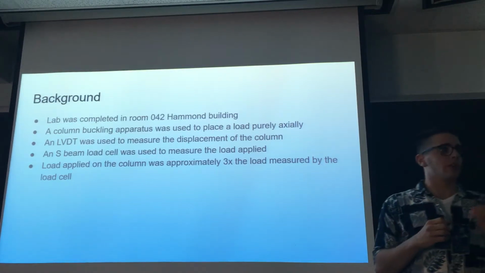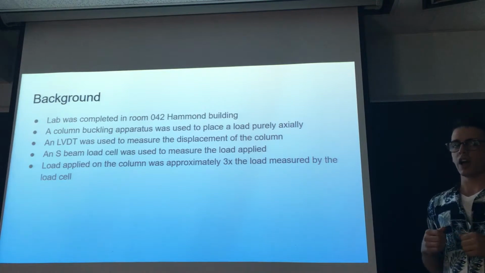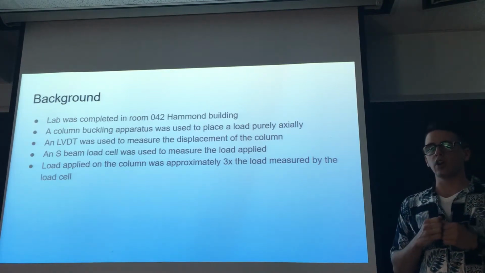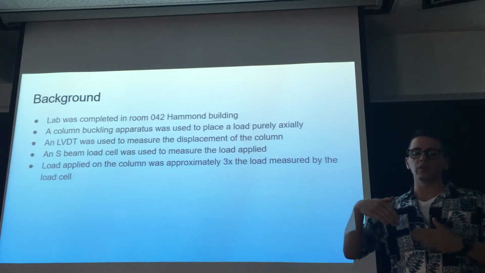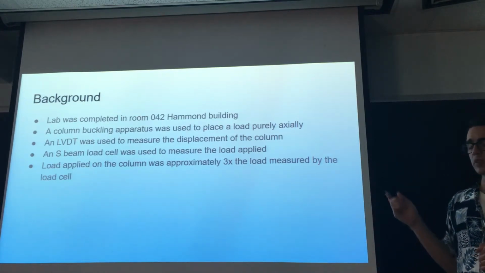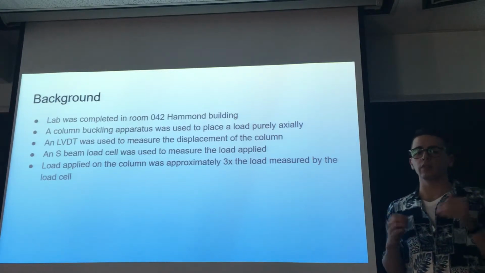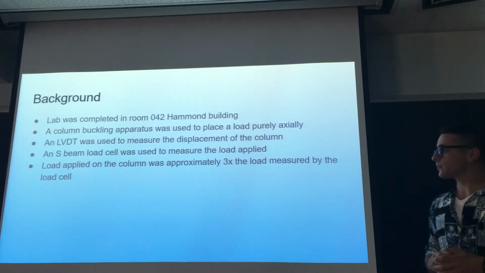A linear variable differential transformer was used to measure the displacement at the midsection of each column where the buckling would be most extreme. And an S-beam load cell was used to measure the force applied to the column.